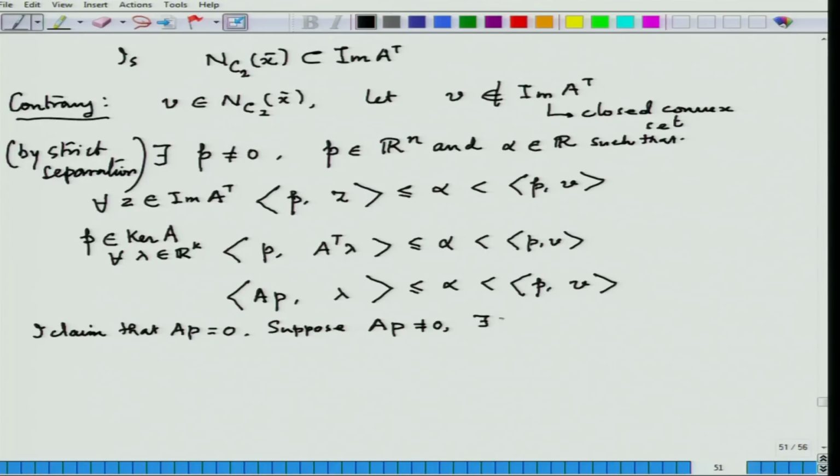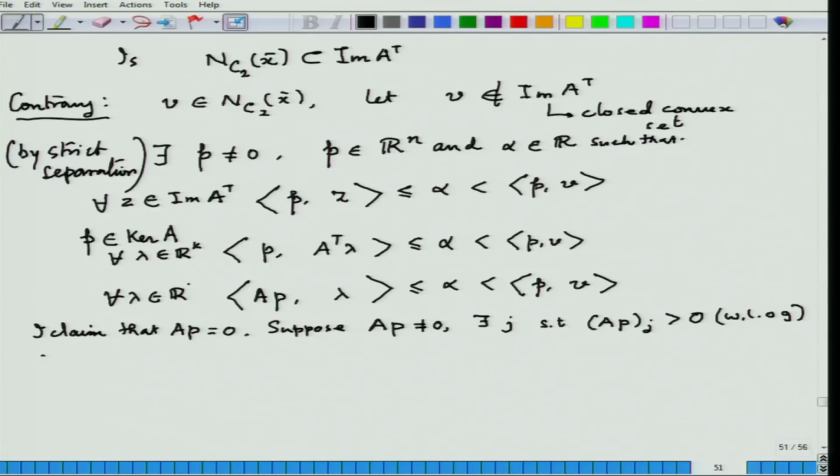Then there exists, say, a jth component such that the jth component of AP is either greater than 0 or less than 0. Let me take this to be strictly greater than 0. This can be done without loss of generality, you can do negative also. So, this is true for all lambda.